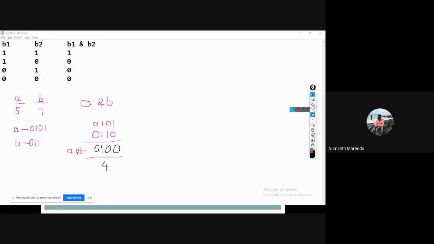It is 0 1 1 1. So everything changes here. So this is also 1, and the result is also different. A AND B is 0 1 0 1, which is the representation for 5. The answer is 5.